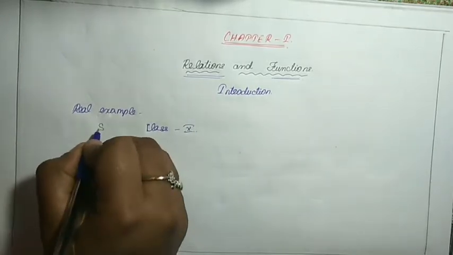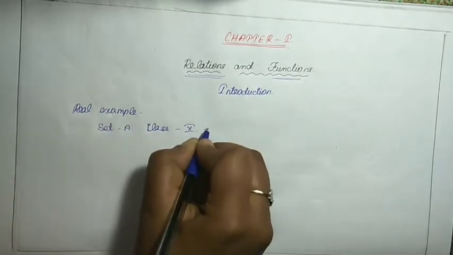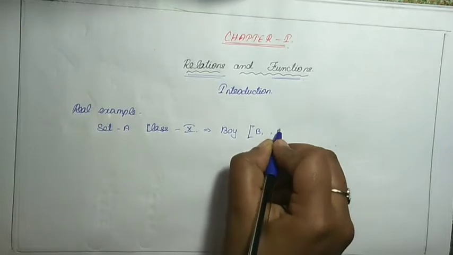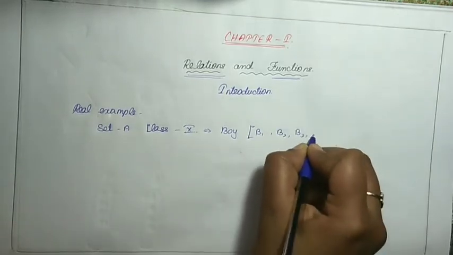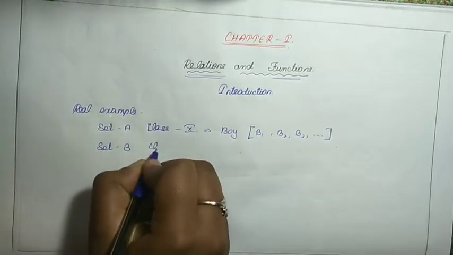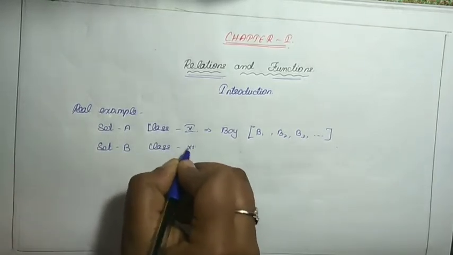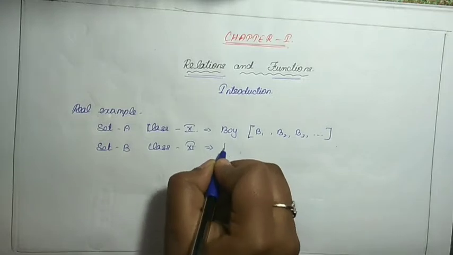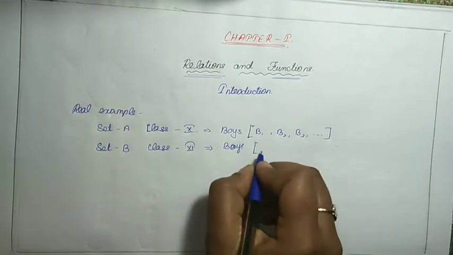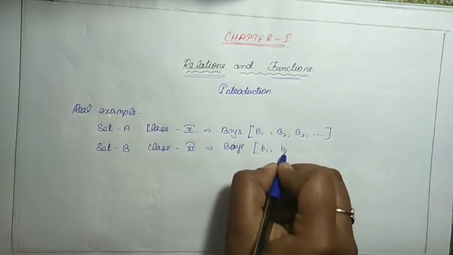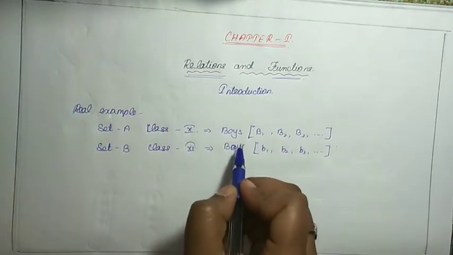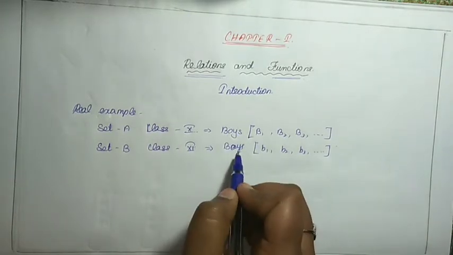Let this be set A. In set A, there are some boys: B1, B2, B3, etc. And in set B, I have class 11 students, some boys, say B1, B2, B3, etc. I'm just going to relate these two sets.